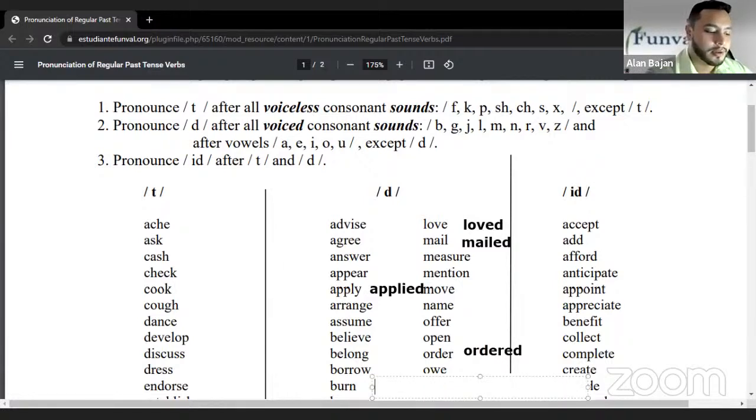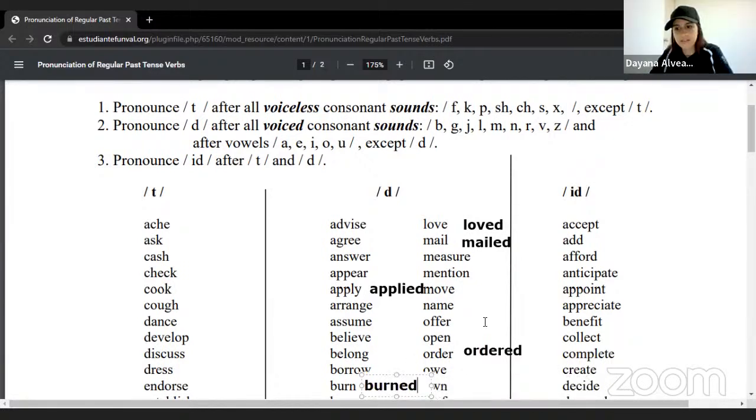Burn. What is the last sound? N. Sound of the N as November, right? So it's not "burn it." I cook a cake yesterday, teacher, some cookies and they burned a lot. No. Ugly, ugly. So it burned. Burned.